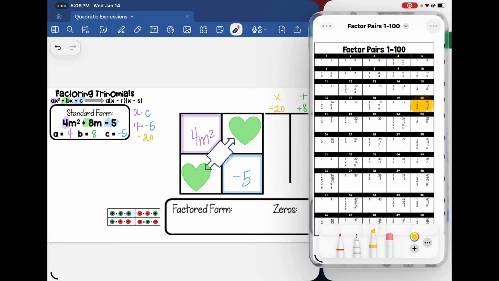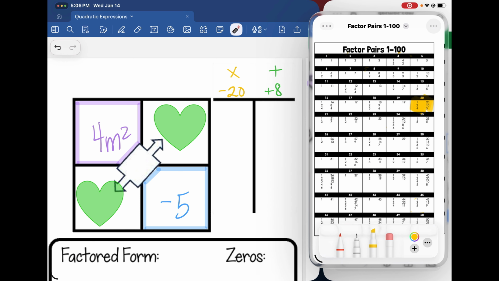Well, two positives make a positive, so that means I cannot use that combination of values. Well, two negatives give me a positive, so I can't use that combination of values. But a positive times a negative is a negative, and a negative times a positive is a negative. So that's how we will rearrange our values.